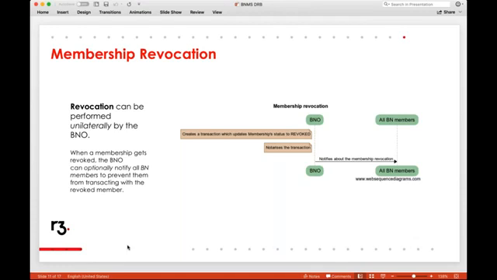So yeah, we intend to take a liberal approach for the overall network.